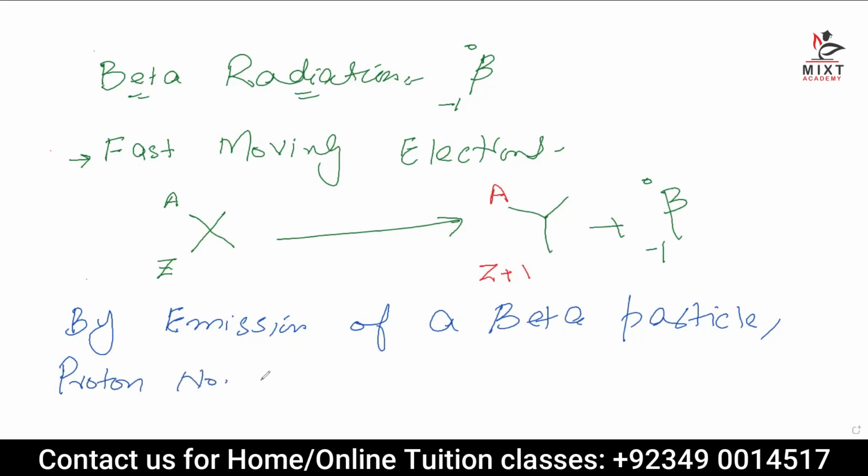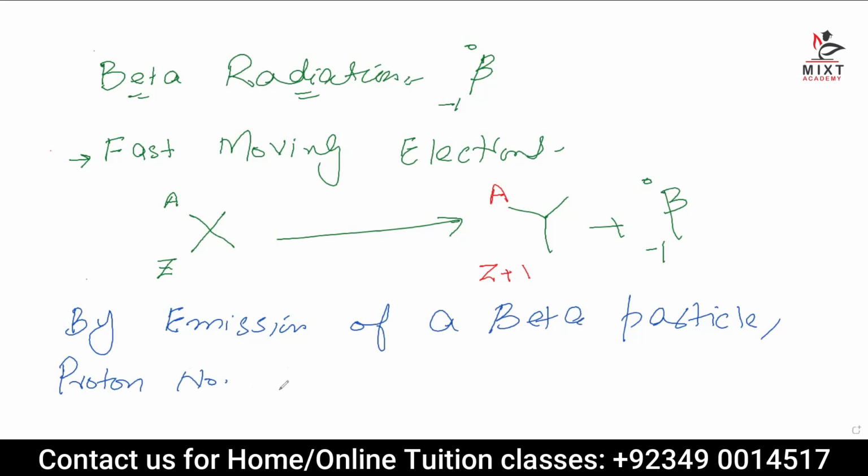Sir, I didn't understand what's happening in this. X, then Y with Z plus 1, and then plus beta. I didn't understand properly. Okay, just give me a moment. I need to complete my statement and I will explain each and everything. No worries.